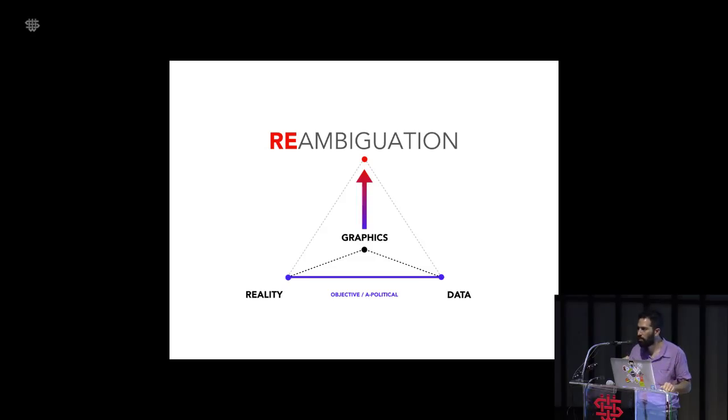There's room for ambiguity even if we're using data, in parallel to using data. If we take data and turn it into a part of language, into a part of discourse, we can still enjoy knowledge, we can still enjoy a common ground, but not expect this fantasy of a straight line between reality and data.